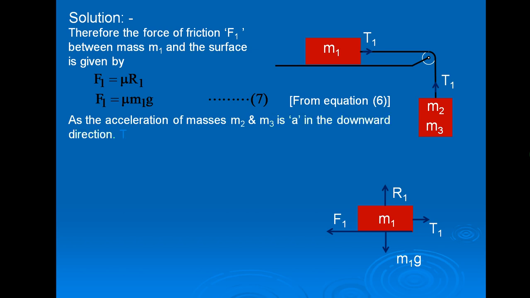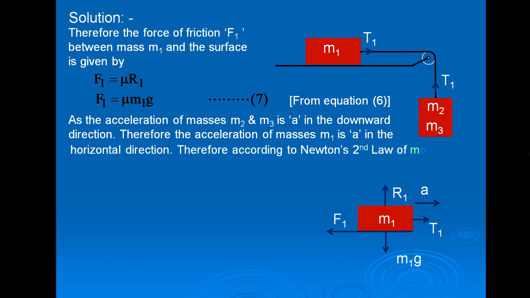As the acceleration of masses m2 and m3 is a in the downward direction, therefore the acceleration of m1 is a in the horizontal direction. See in the diagram, the acceleration a is along the string in the horizontal direction.